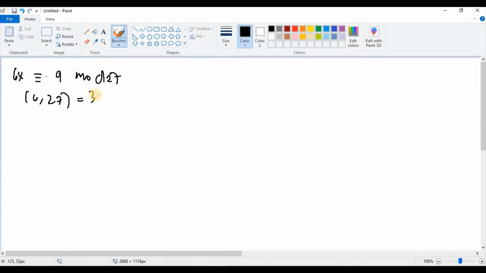Okay? Tapos, does 3 divide 9? Yeah. Therefore, we have 3 solutions. And what is the distance between the 3? It is 9. 9, 18, 27. So, 9. And then, we need to find for the first value na it will satisfy 9 as our remainder.